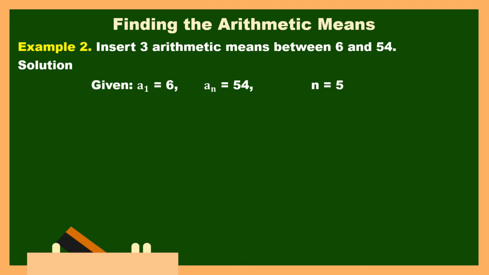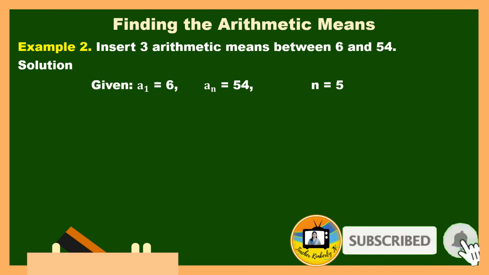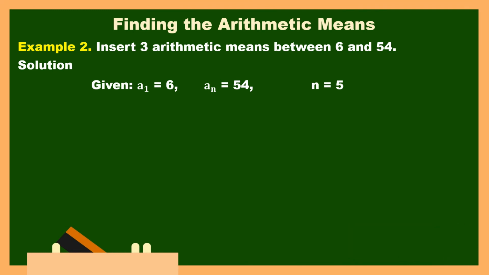At ang last term or yung a sub n is 54. At ang total number of terms naman or n is equal to 5 since mayroon na tayong dalawang given na terms, yung 6 at 54. At pinapa-insert tayo ng tatlong arithmetic means. Kaya yung n ay equal to 5.